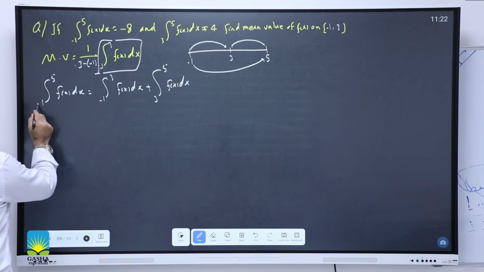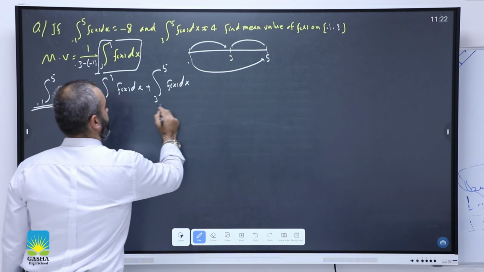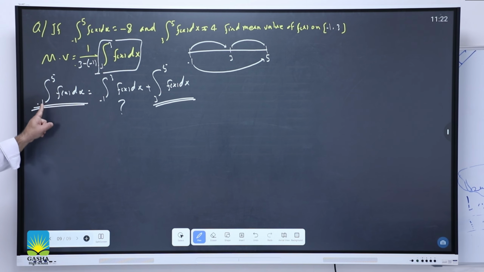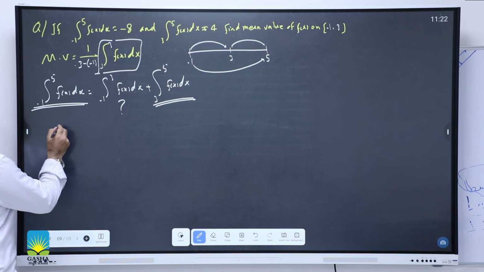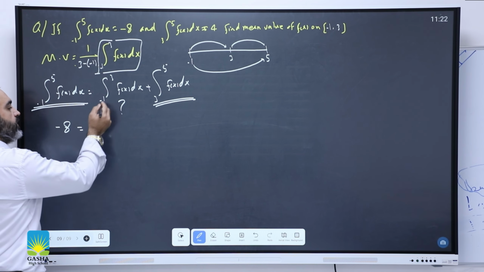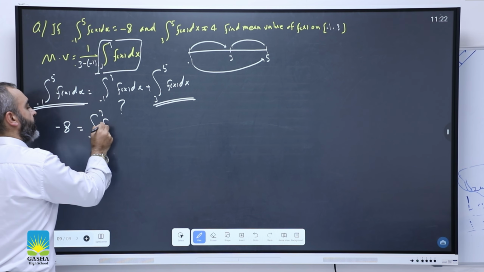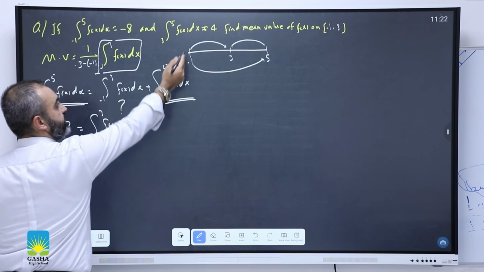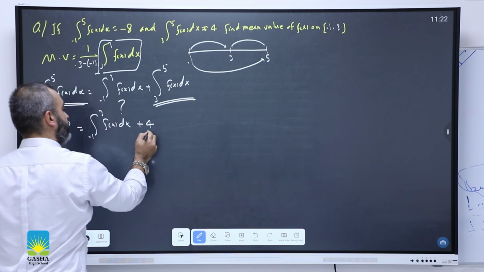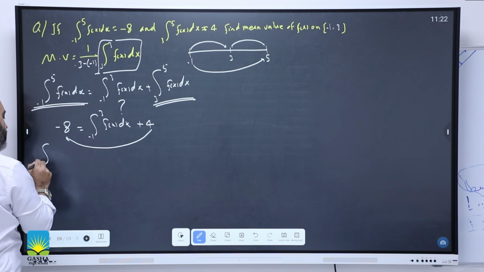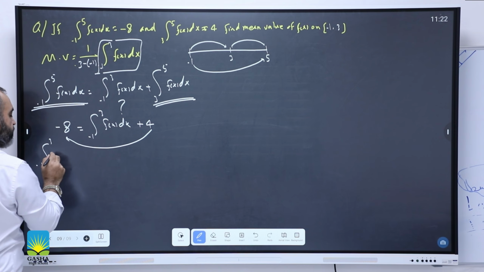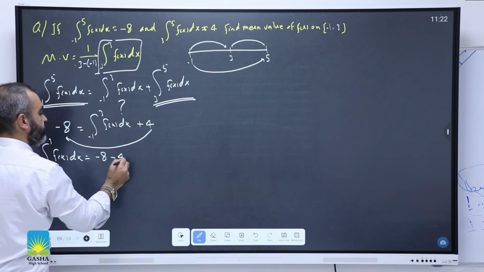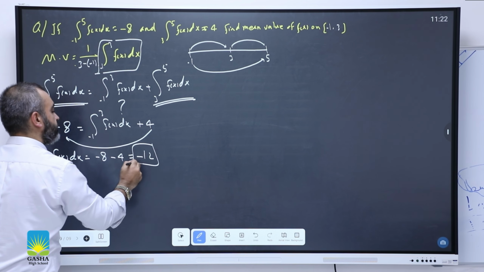So we have this and we have this, and we ask for the integral. -1 to 5 is -8 equals this, -1 to 3 of f of x dx, plus 3 to 5, which is 4. So -1 to 3 of f of x dx equals -8 minus 4, it's -12.